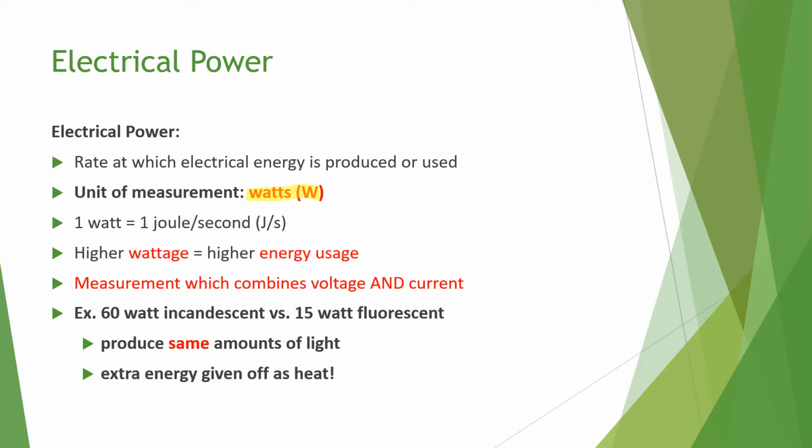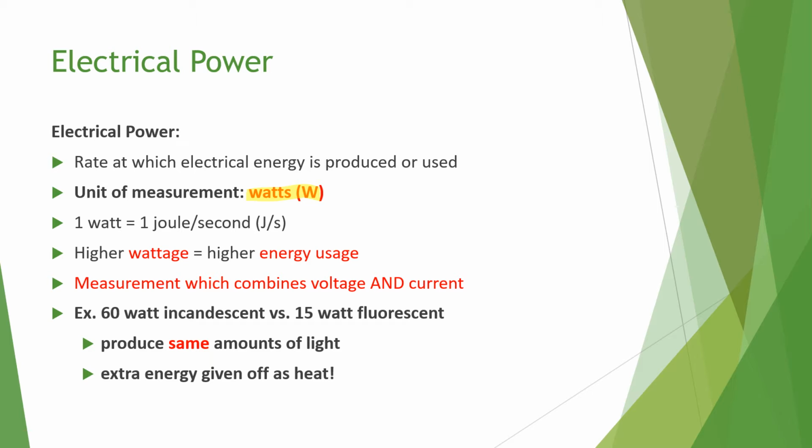This is a great example of showing efficiency between different types of devices or appliances. You could have an incandescent light bulb that requires a higher wattage, 60 watts, versus a fluorescent that only requires 15 watts, but they're both producing the exact same amount of light. That's going to make the fluorescent a lot more efficient than the incandescent.